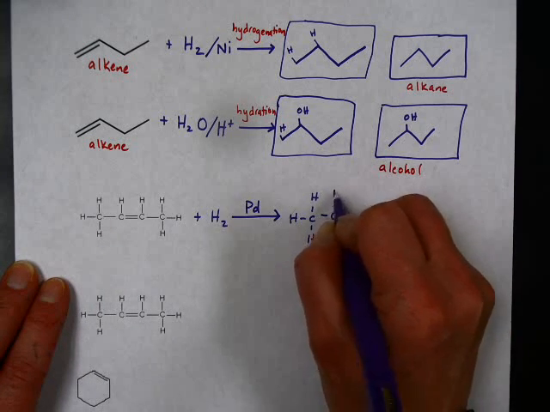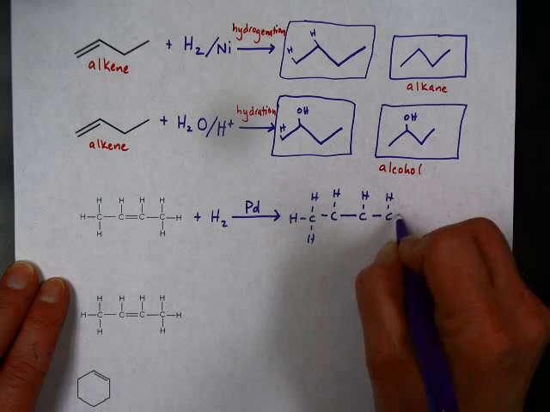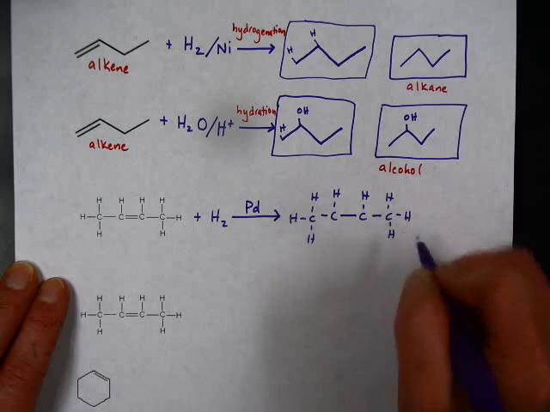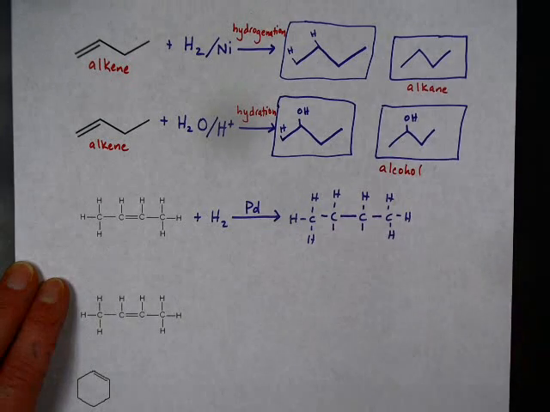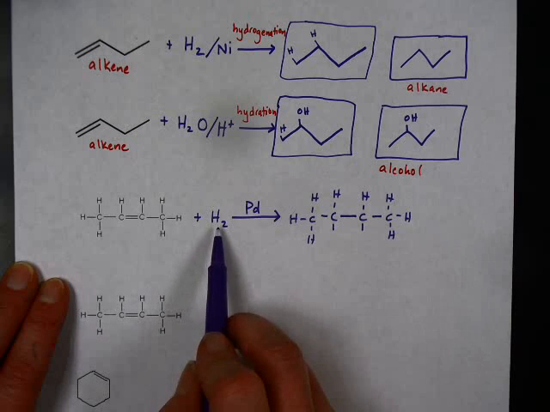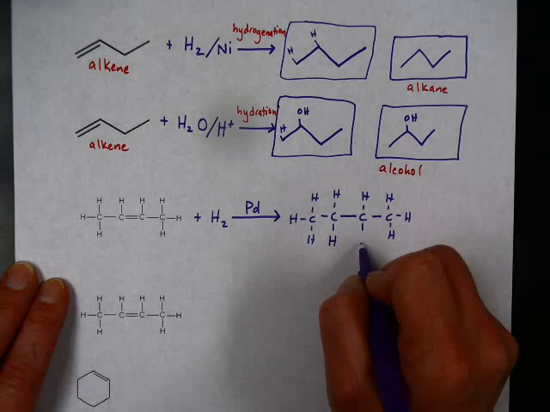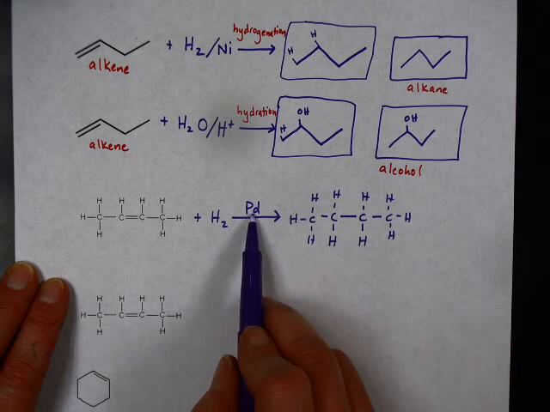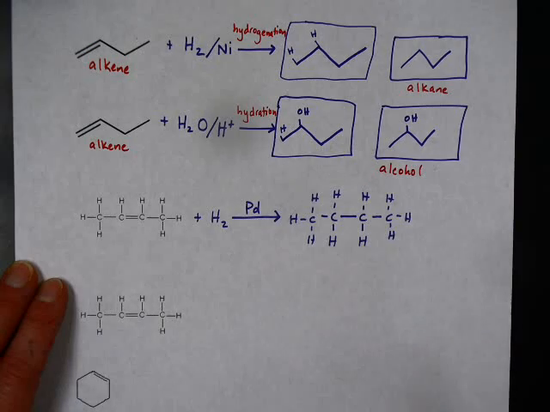Now it will be a single bond. So the double bond has turned to single. We need to add one thing to each carbon. If we were hydrogenating, one carbon gets H, the other carbon gets H. Palladium is the catalyst. You know that because it's written above the arrow.